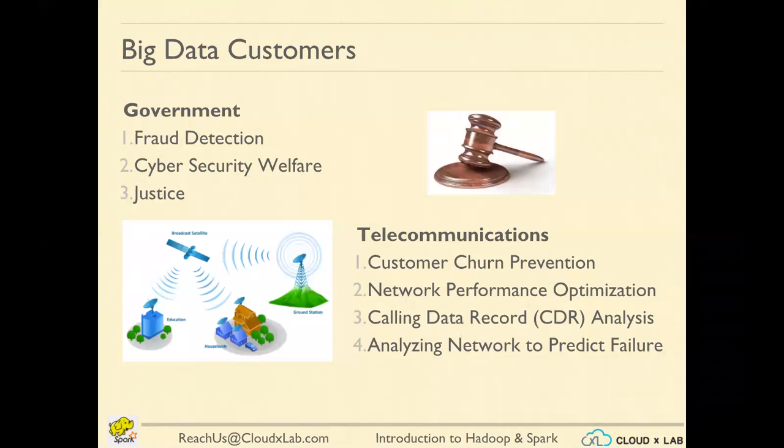We need to go through the entire data and try to figure out the reasons why a customer is leaving our network. If we have enough data of customers leaving us, we can always predict whether a particular user is about to leave. We can predict that one day before.